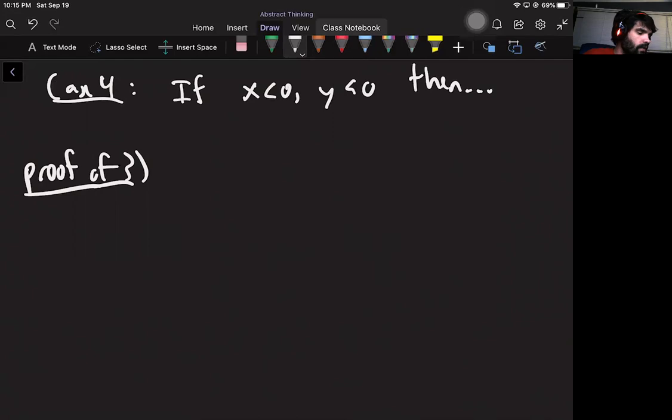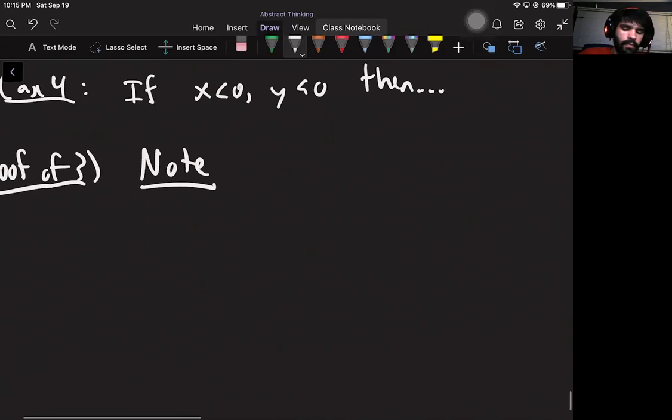So the first thing that I want to say is just a couple of rules that I'm going to be using. So one thing is that a number is always less than or equal to the absolute value of that number.